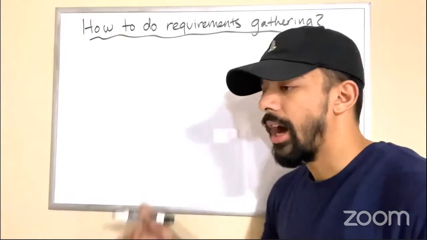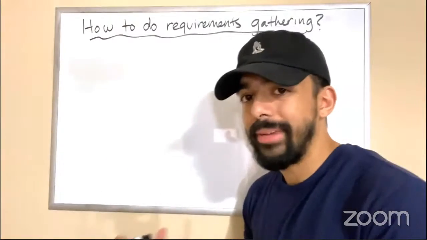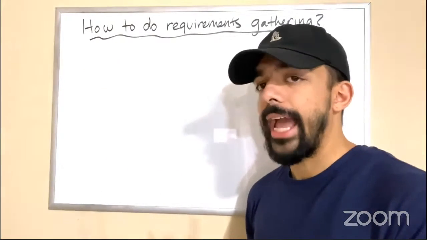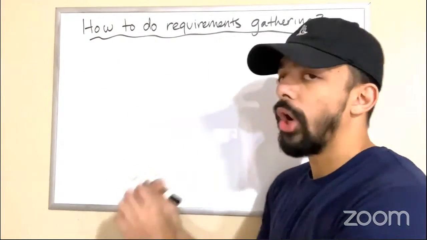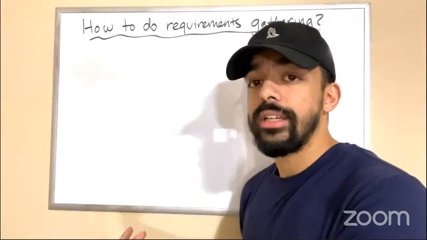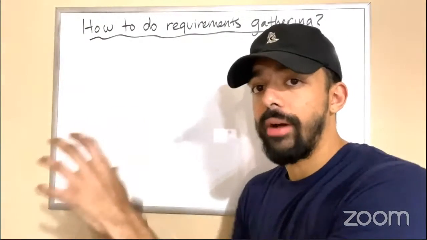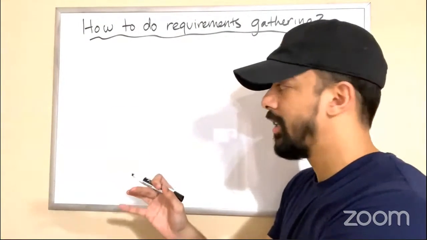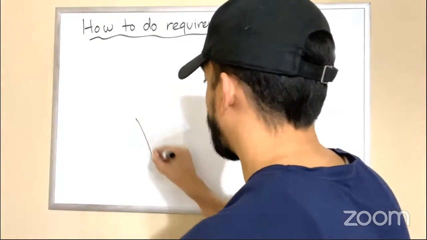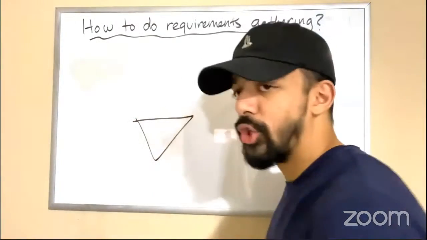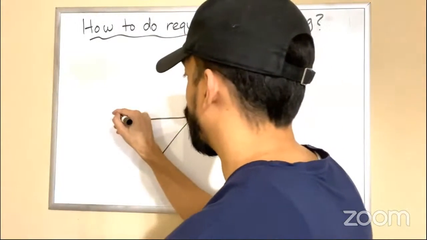So again, whatever the problem is, a business analyst is going to try to elicit the requirements to understand that problem from stakeholders. I've always drawn this upside down triangle for you to remember.